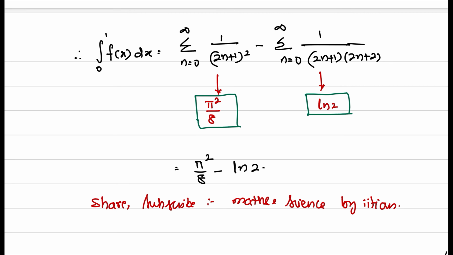And this is a very tricky problem. If you want to see it twice, don't worry. The values of pi square by 8 and ln2 are all standard sequence and series values, but coupling these with integration is the trick that you should try to understand.